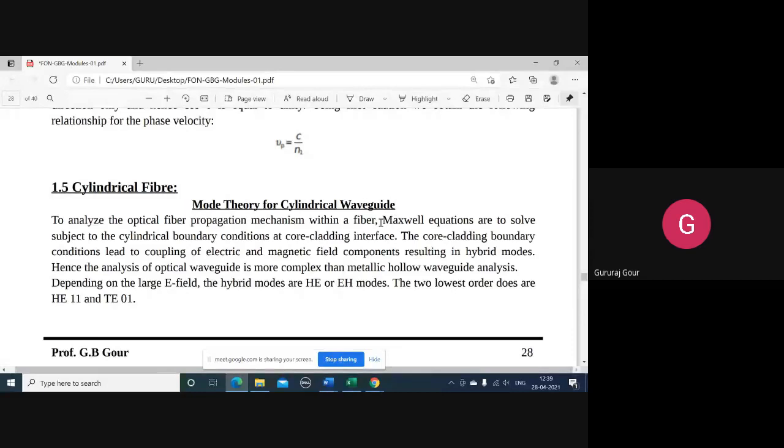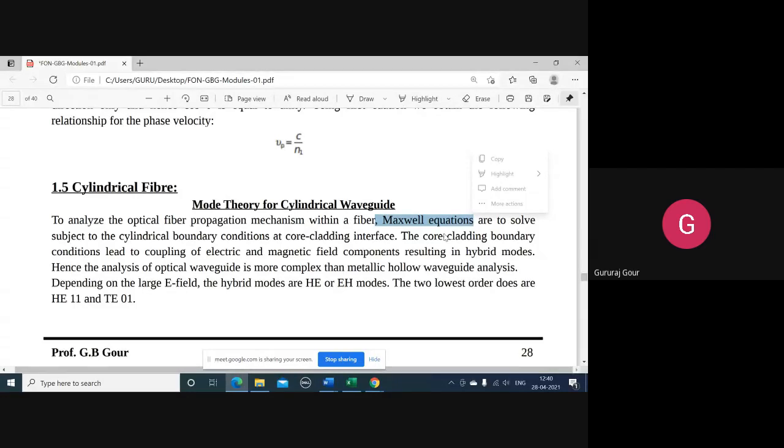So these are Maxwell's equations. Whatever boundary conditions are satisfied by Maxwell's equations in the planar guide are going to be the limitation in the case of the cylindrical guide. It is because of its hollow structure, and rectangular coordinates are not going to be supported here.